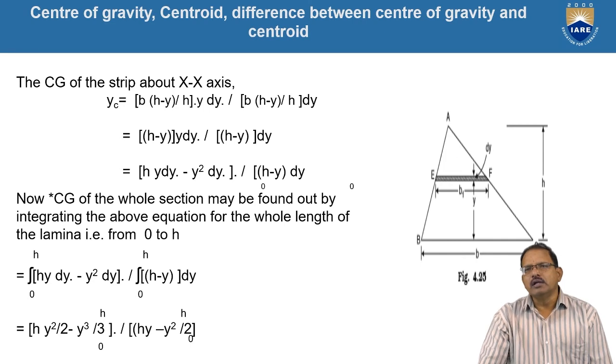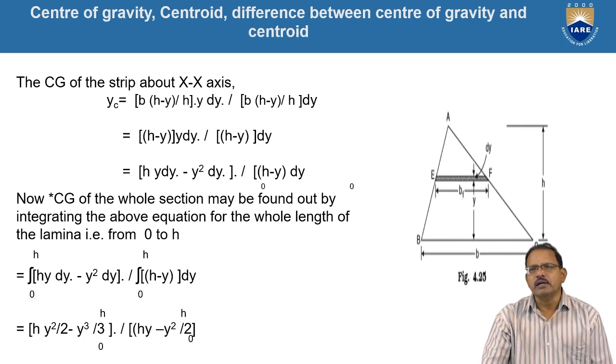Now the center of gravity of the strip above the x-axis, or with respect to the base BC, is given according to the integration method by integration of y dA divided by integration of dA. Hence, B into h minus y by h into y into dy divided by B into h minus y by h into dy.